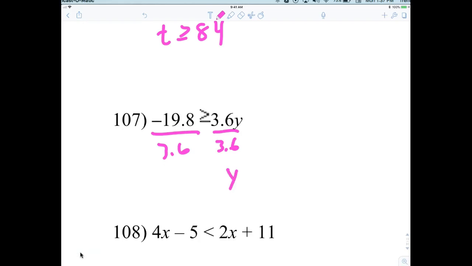So Y, I don't think it's 6. It's definitely not 6. What is it? Negative 5.5. Thank you. So that means Y is less than or equal to negative 5.5.